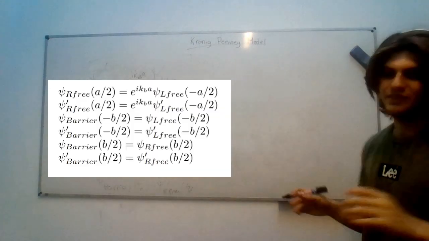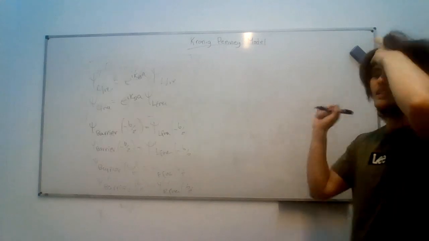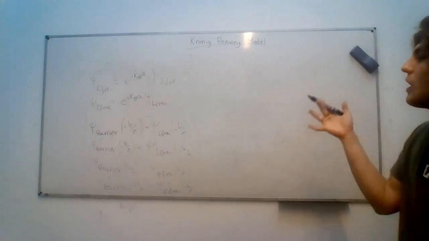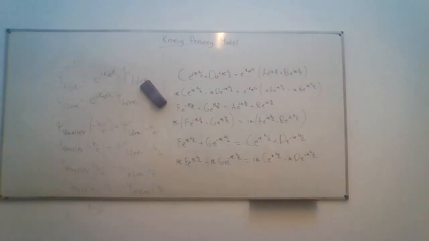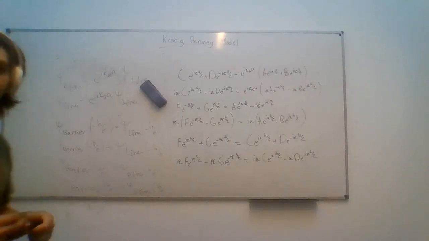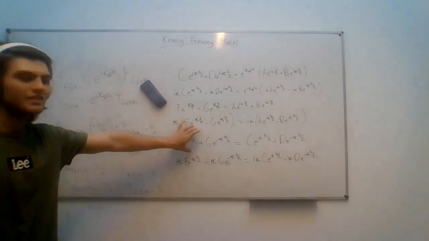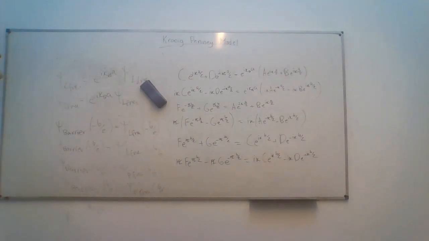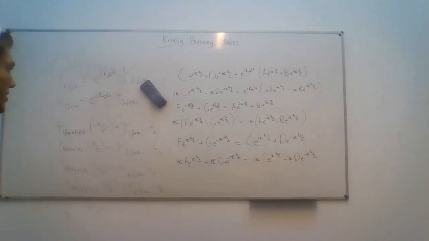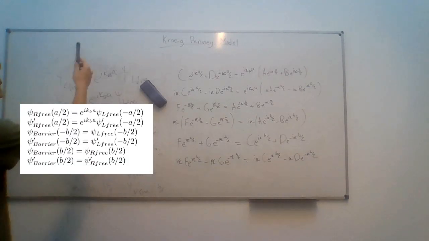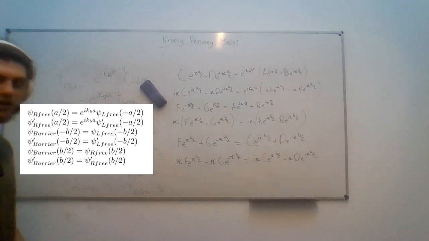Now, the way you do this, and I'm not going to do it in its entirety, but I'm going to show how you set up this matrix multiplication. So I'm back, and I've written all of these equations out. This was literally just plugging in the wave functions that we found by solving the Schrodinger equation into all of these boundary conditions that we defined.